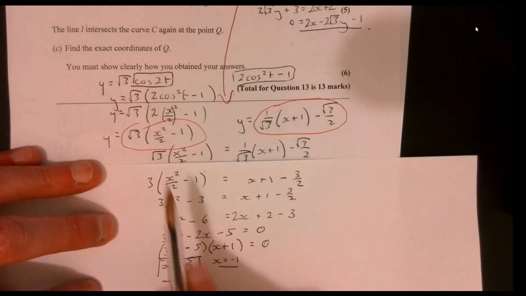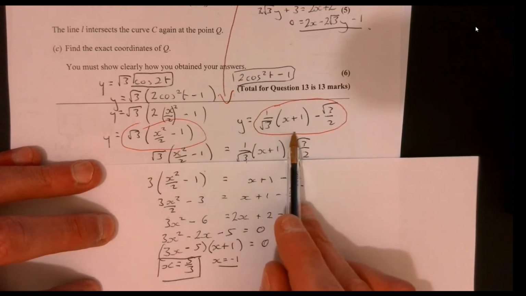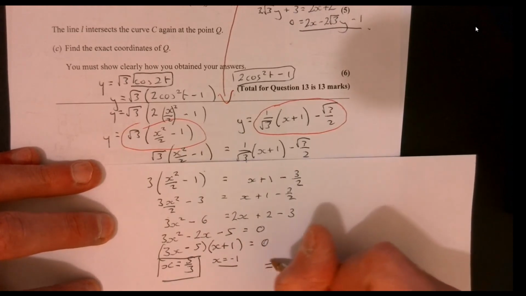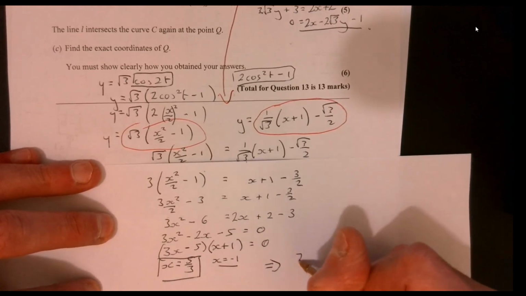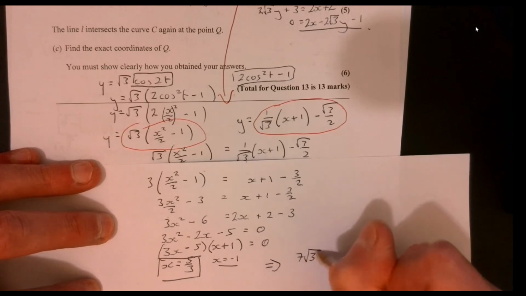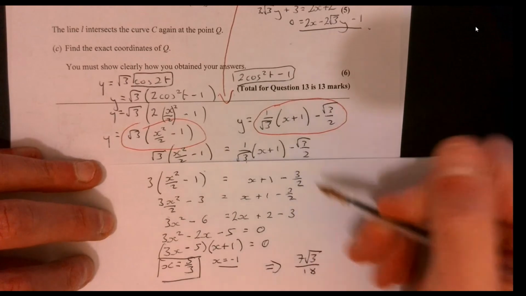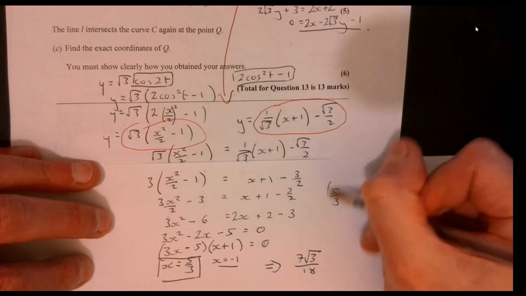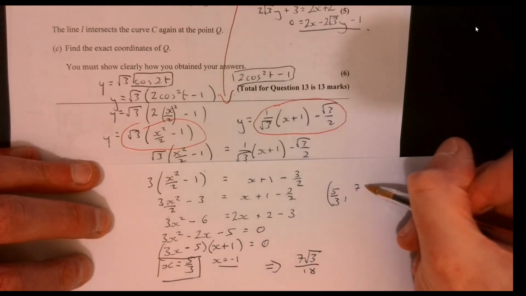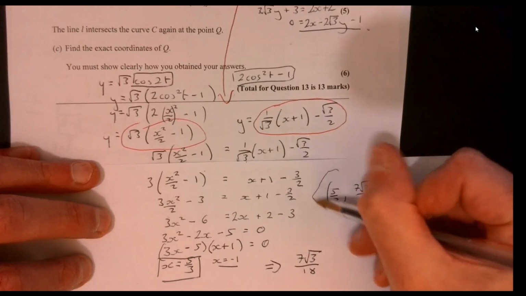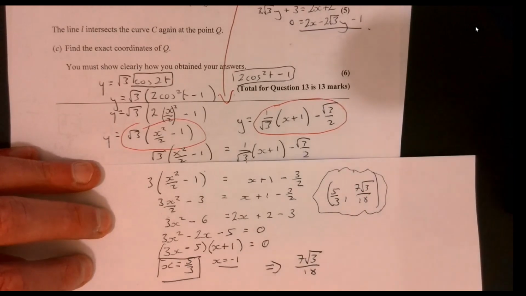So if we just take that and pop it into this one over here, it looks like the easiest to do, and then that will give you a y value of 7 root 3 over 18. So our full coordinate is 5 over 3, 7 root 3 over 18. And there we go. Right, tough question.